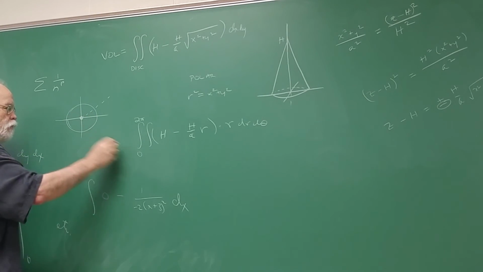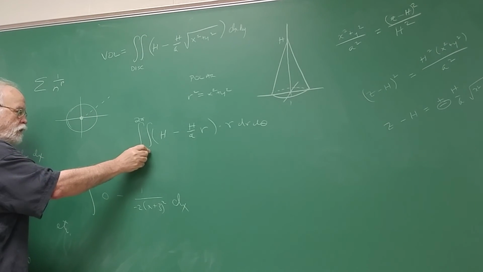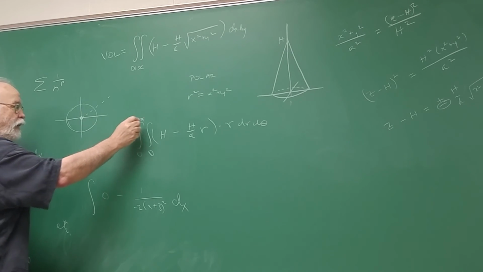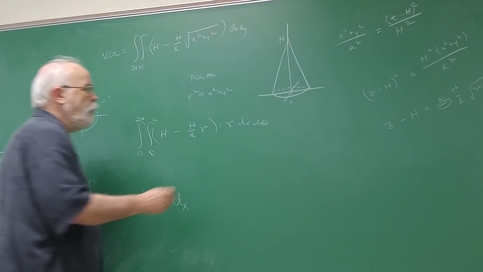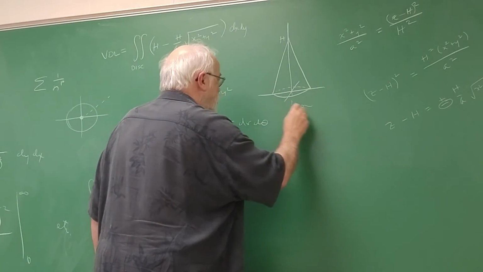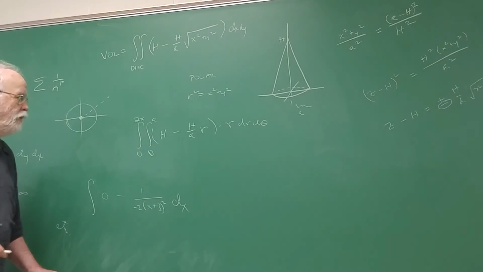And the r goes from 0 to a. Okay. Because this is my circle of radius a.